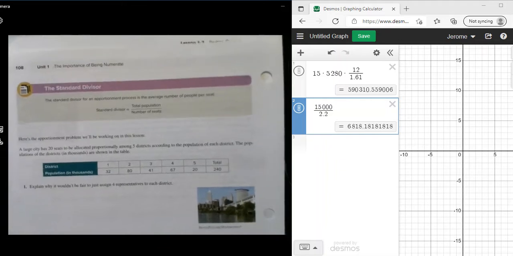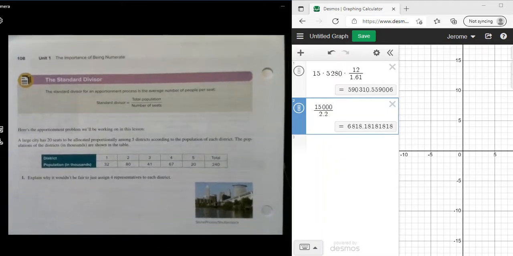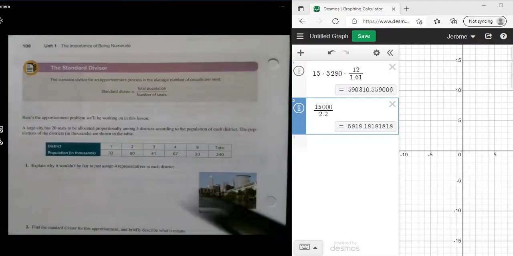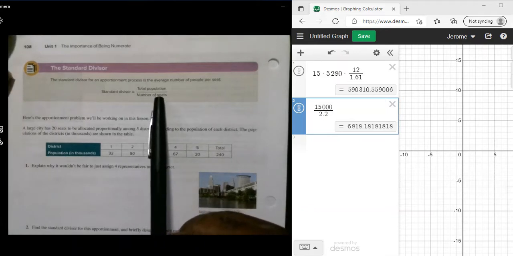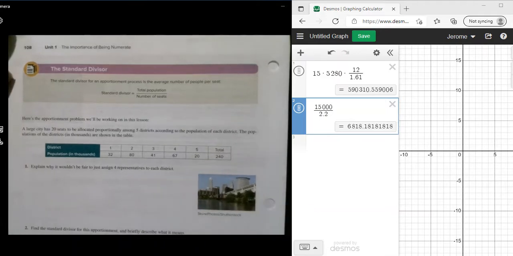Okay, at the top here, we have the formula for the standard divisor. Okay, class, with the standard divisor, basically we have the total population divided by the number of seats.